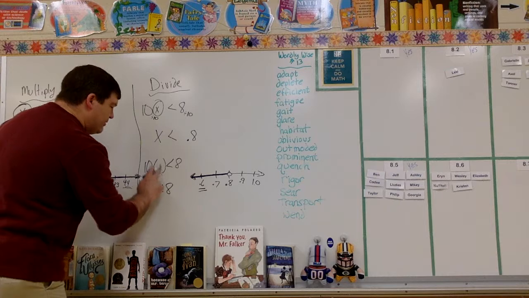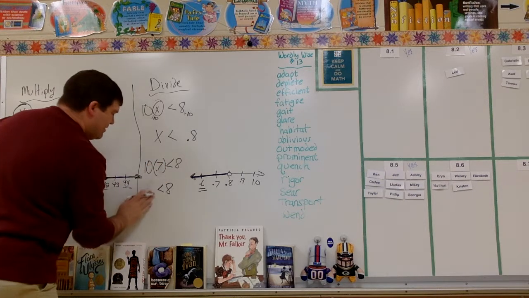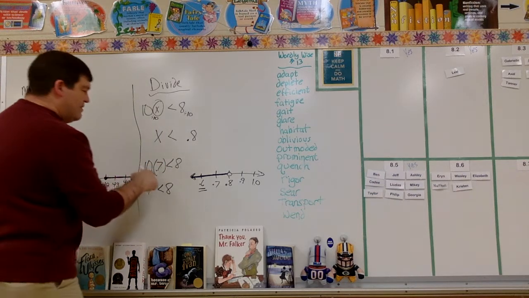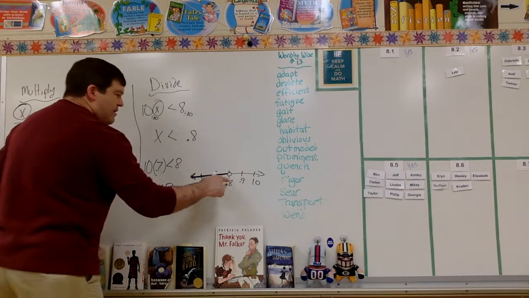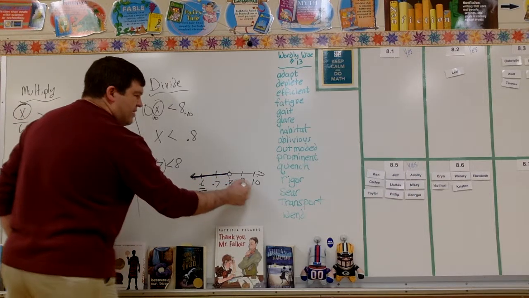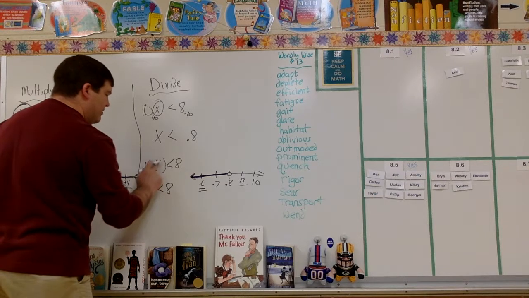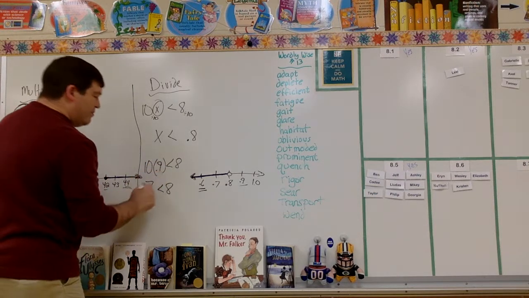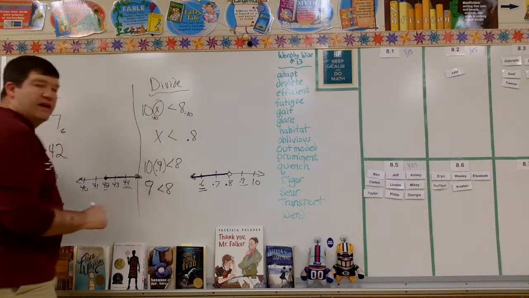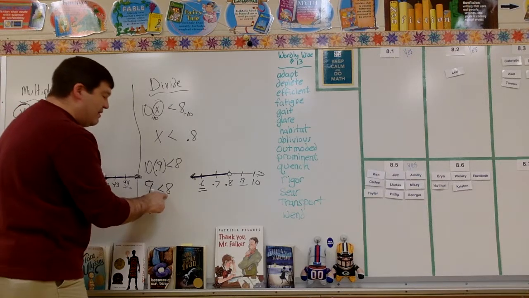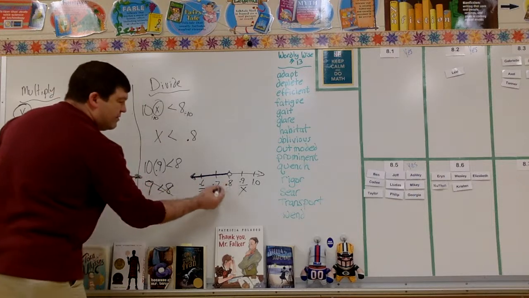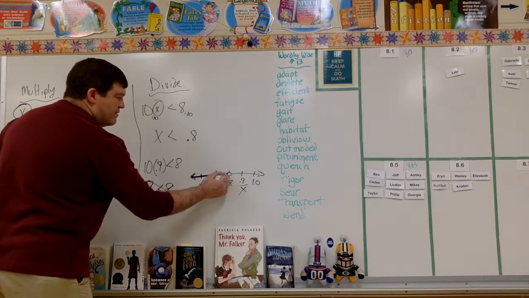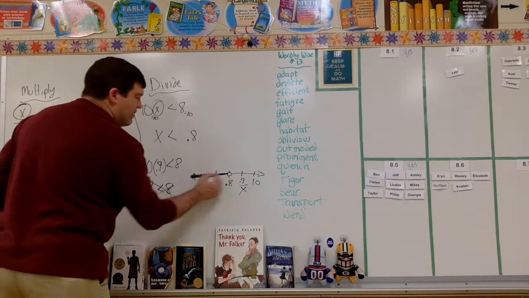If I would do 0.7, gets me 7. Is 7 less than 8? Yep. Let's do something above here. Let's do 0.9. 10 times 0.9, that's 9. Is 9 less than 8? No. So that does not work. So the only numbers that will work are starting here and going this way. Less than.